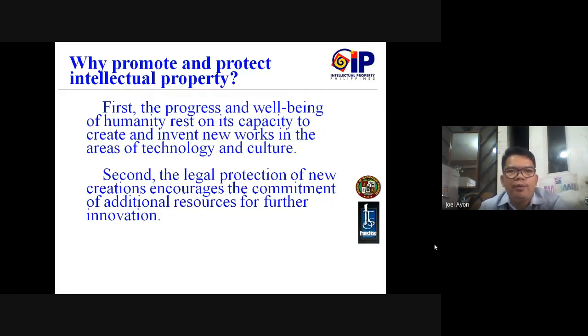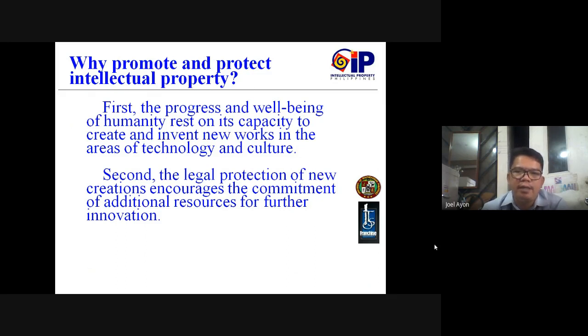Next, why do we promote and protect intellectual property? So there are three reasons. First, the progress and well-being of humanity rests on its capacity to create and invent new works in the areas of technology and culture.